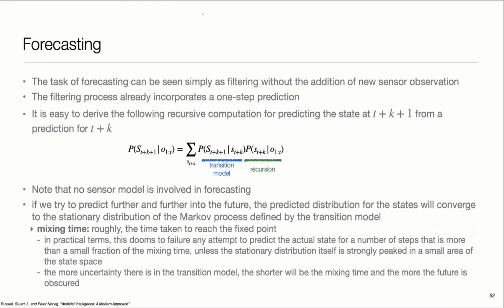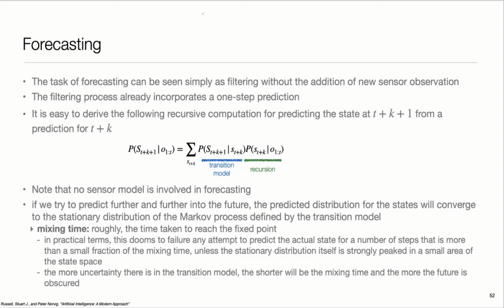So that's filtering. The second problem is forecasting. The task of forecasting is essentially that we have no new observations. That's the only difference. It's almost like I have some missing observations. Otherwise it's the same kind of process; we are moving from one step to another step to another step.